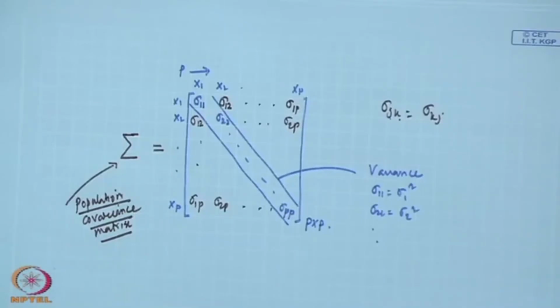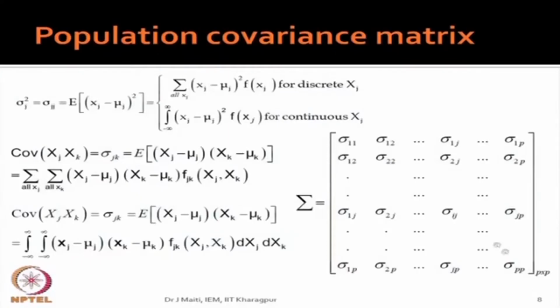The population covariance matrix looks like this: sigma 1 1, sigma 1 2, sigma 1 j, sigma 1 p, sigma 1 2, sigma 2 2, sigma 2 j, sigma 2 p, like this. If there are p variables, there will be p cross p elements, and that will be the size of the matrix.